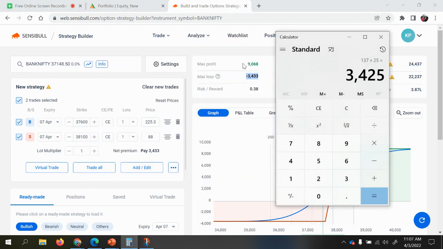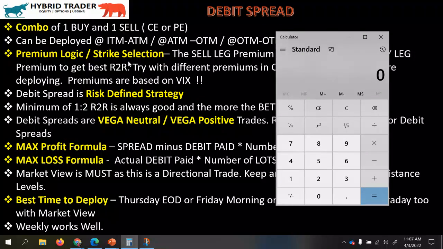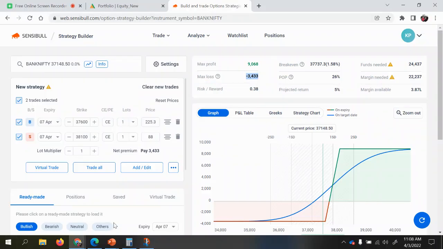How should we calculate the maximum profit? It's a simple formula. Maximum profit is the entire spread minus the debit paid, into the number of lots. If you look at the spread between 38,100 and 37,600, you have a 500 strike gap.